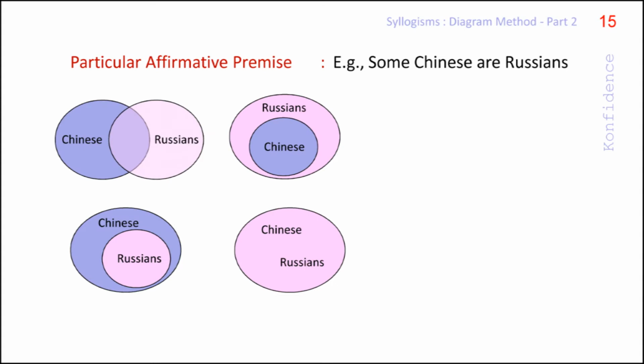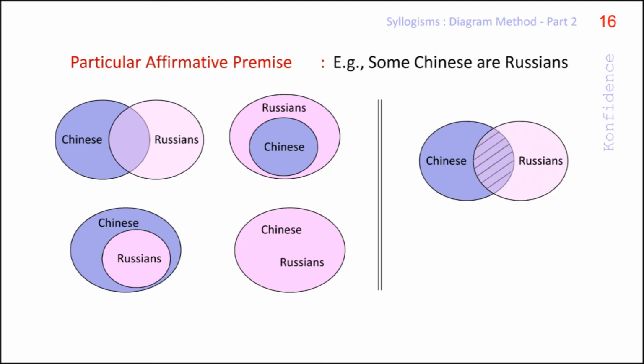Now look at particular affirmative statement. Example: some Chinese are Russians. The various possible diagrams that depict this premise are shown in the slide. In an aptitude test situation, we shall draw just the diagram shown on the right side of the slide to represent the relationship, and while doing that, keep in mind that this is just one of the 4 distinct possibilities shown on the left.